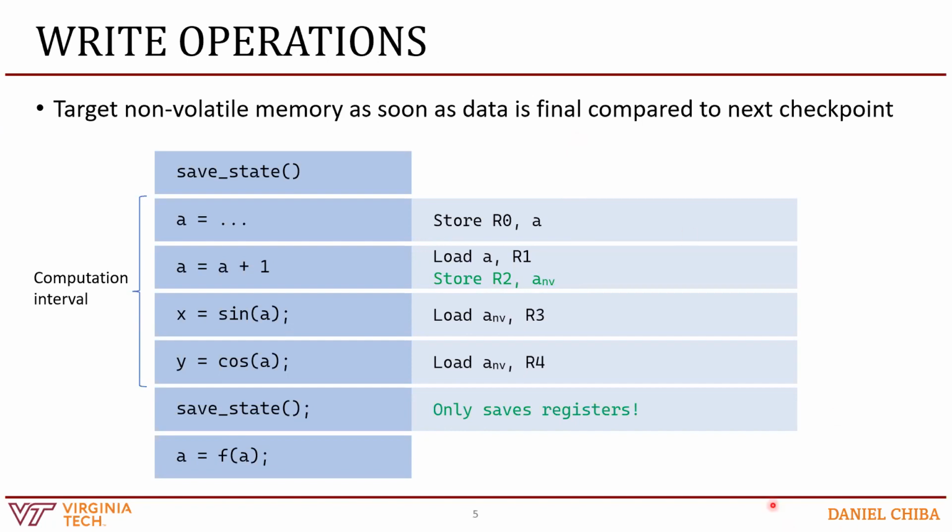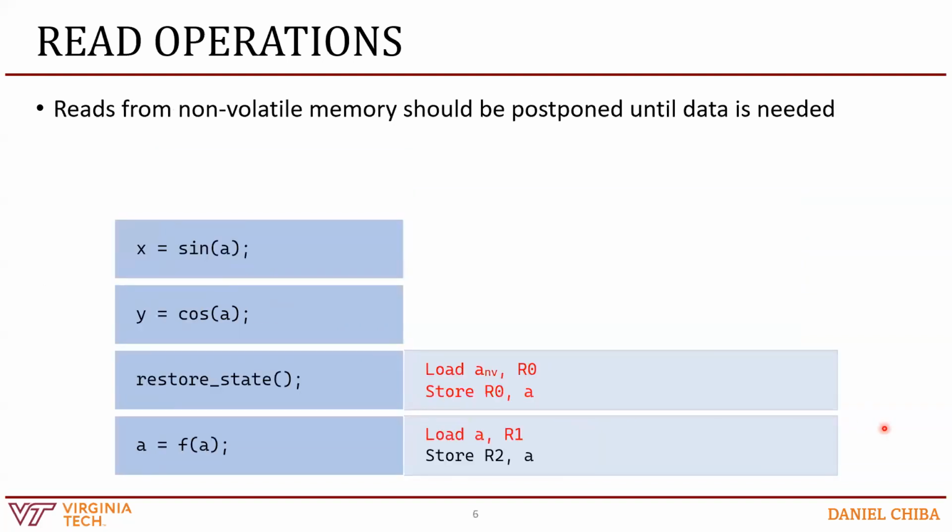And the checkpointing stage doesn't then need to write A again to non-volatile memory. And in fact, if you do this with all variables, your state save operation only needs to save registers. And so the converse is performed.